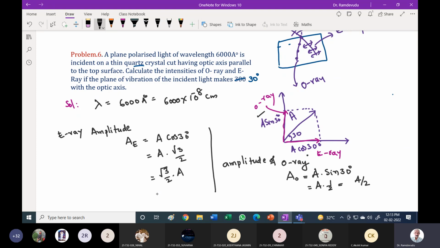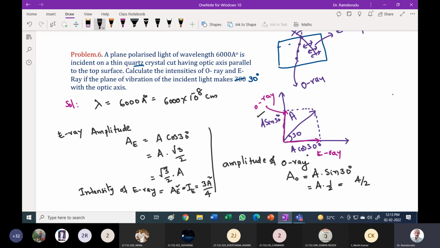So therefore, I'll write the intensity of E ray. You know that the intensity of E ray is nothing but AE square, which gives you IE. So if I square it, I'll get 3A square by 4.